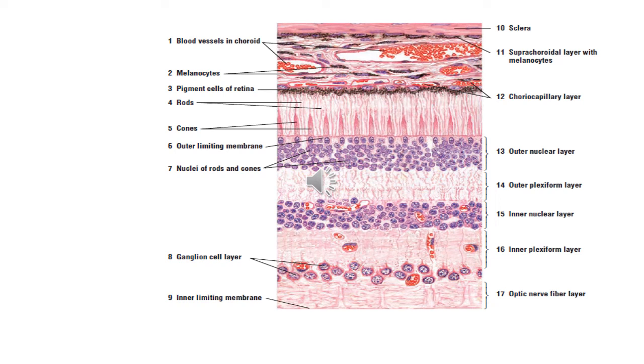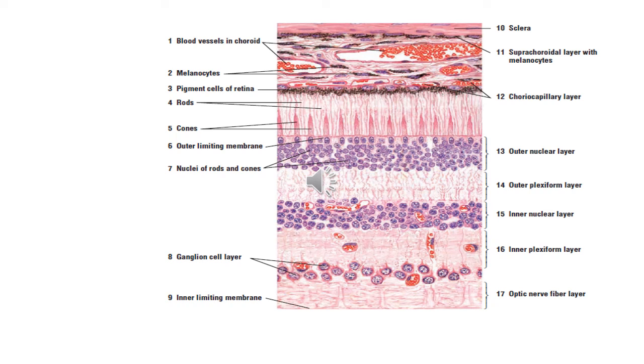Then you can see the outer nuclear layer, in which you can very well see the rounded blue nuclei, the cell bodies of the rods and cones. You will have to differentiate that the cones have a cone shape on the top, and the rods are elongated in form.